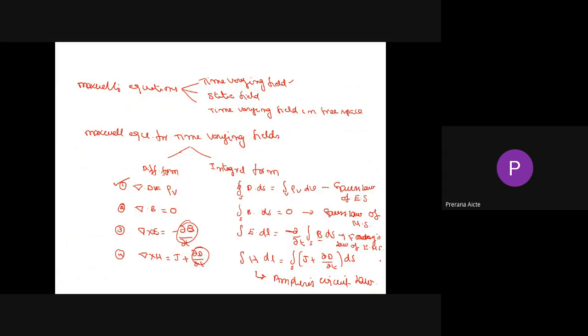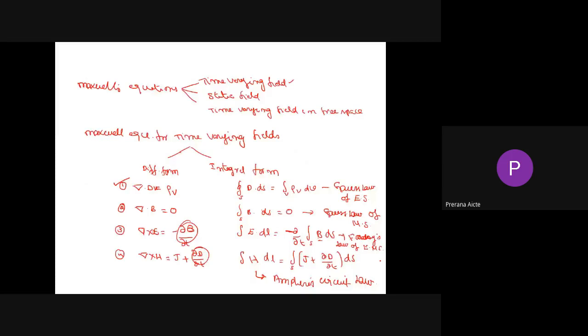That is nothing but Faraday's law of electromagnetic induction of Maxwell equation. Okay, and the fourth one is del cross H is equal to J plus dou D by dou t.